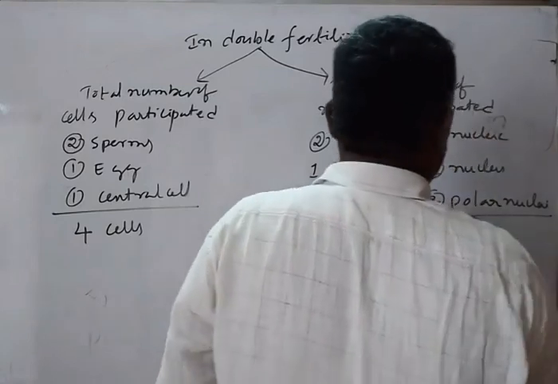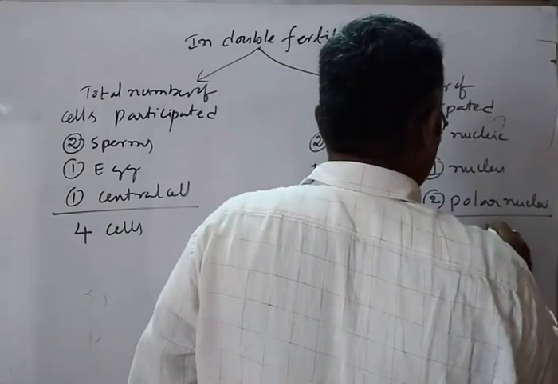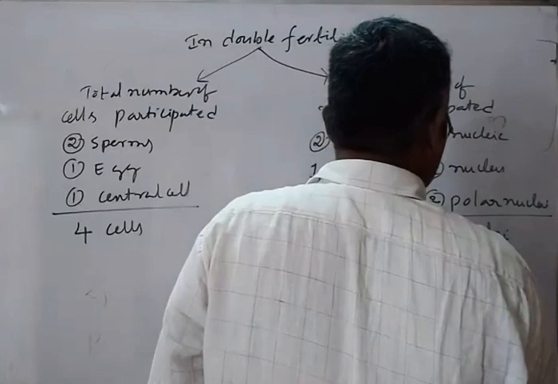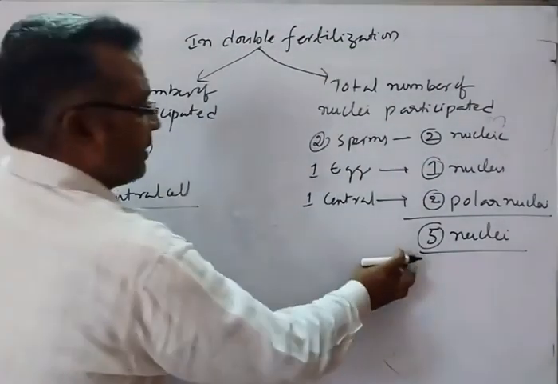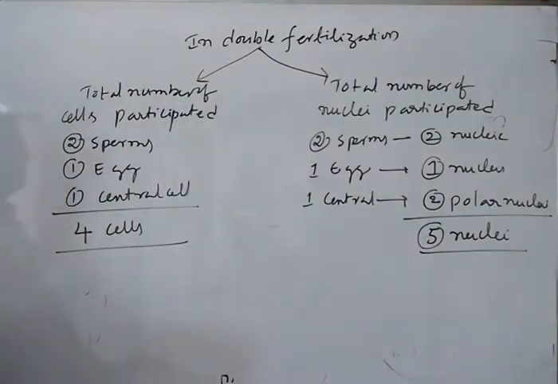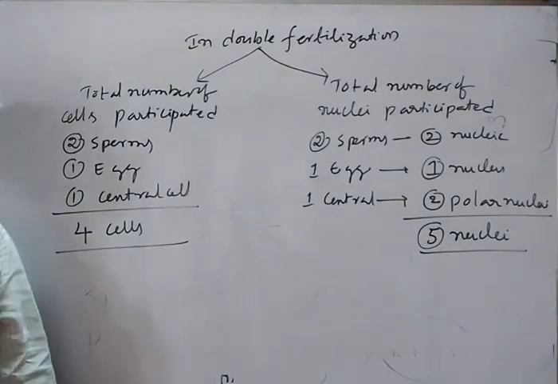Total 5 nuclei. So the number of cells involved is 4. The number of nuclei involved is 5. Got it?